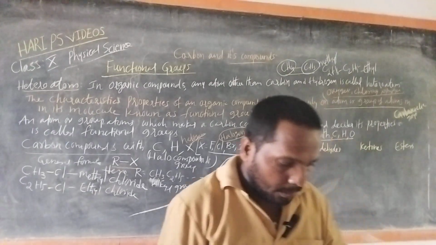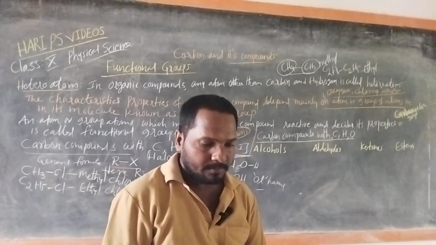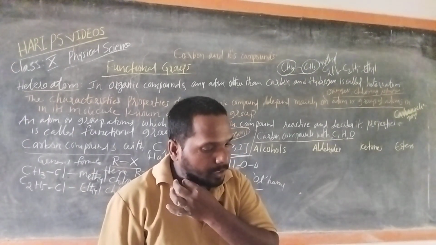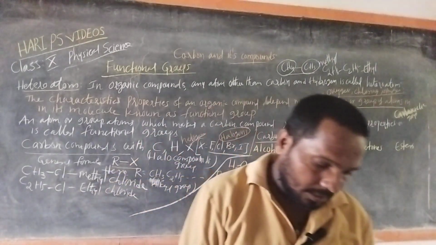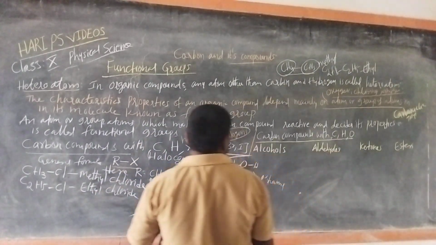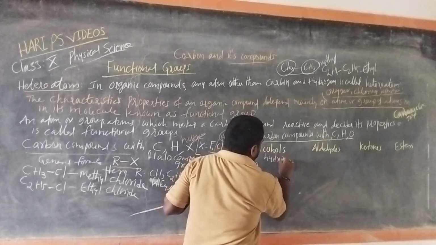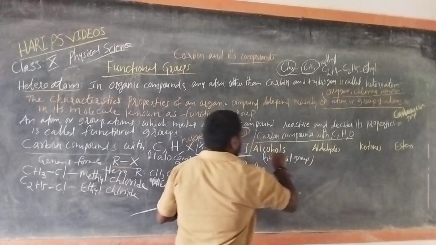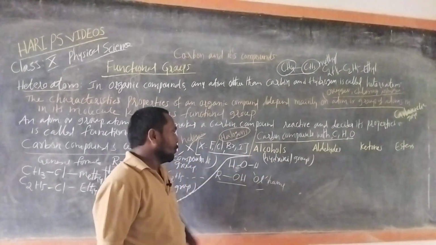So the alcohol group is made of one oxygen atom and one hydrogen atom joined together. The alcohol group is also known as the alcoholic group or hydroxyl group.